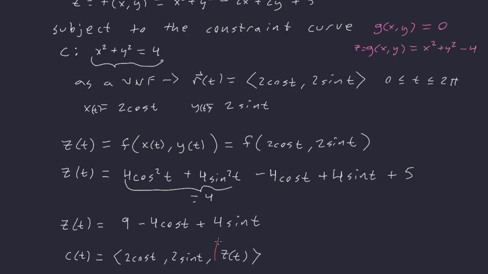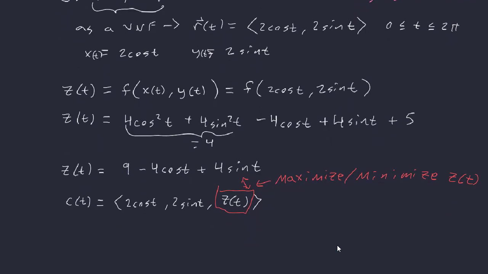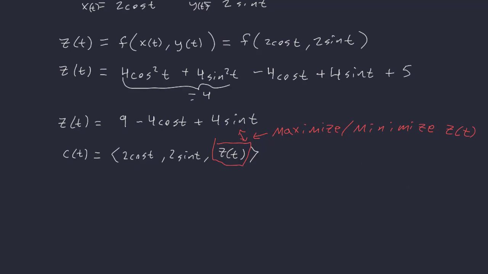We just want to optimize. So maximize / minimize z of t. Okay, that will give us the maximum height and the minimum height.